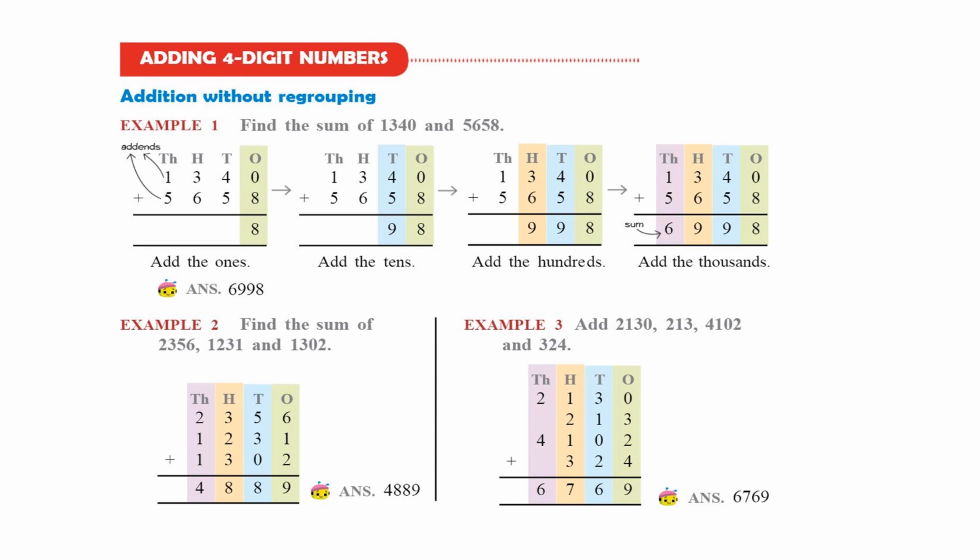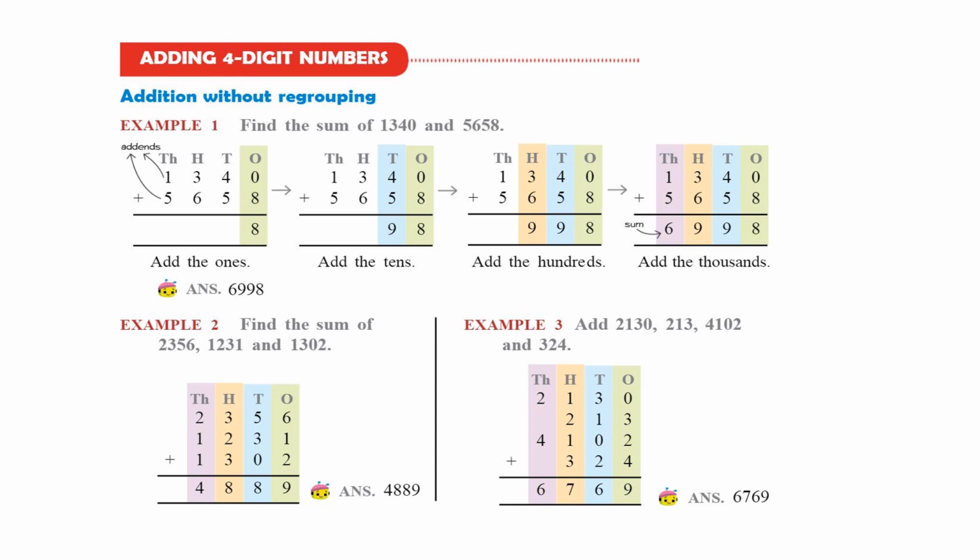Then below that, you write the numbers. From 2356, you write ones in ones place, tens in tens place, hundreds in hundreds place, and thousands in thousands place. The next number also like that, and the third number also the same way.